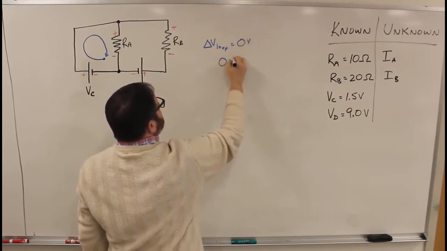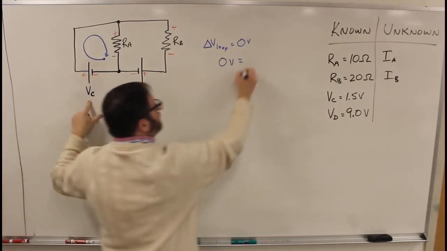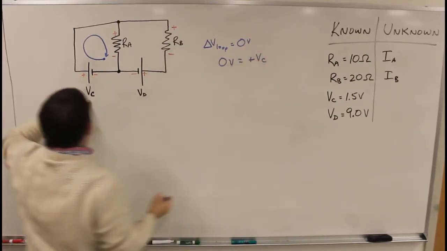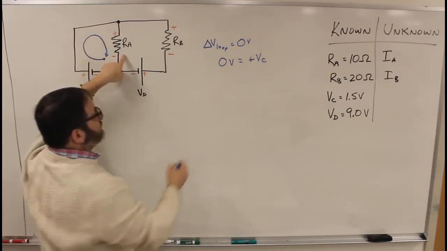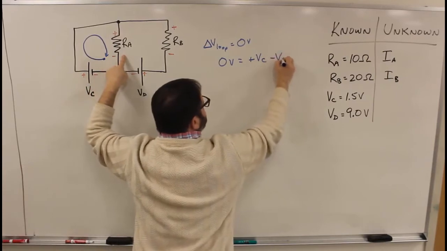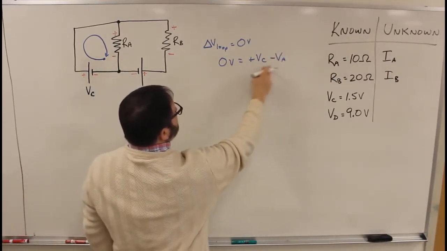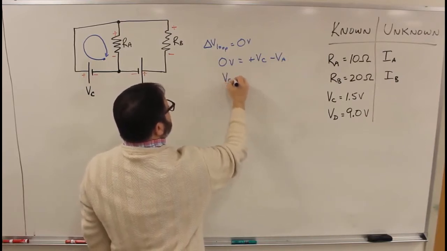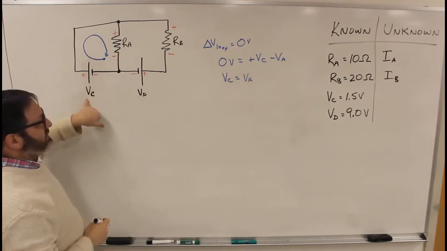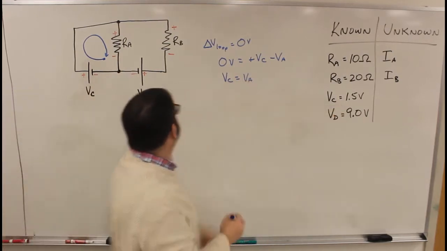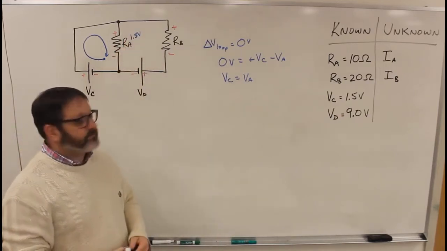So in this case, that means 0 volts has to be, if I start here, I go through plus VC, and then around here from plus to minus, I'm going down, so minus the voltage through part A. If I rearrange this, that means VC equals VA. This resistor has VC across it, and VC is 1.5 volts. 1.5 volts across that resistor.